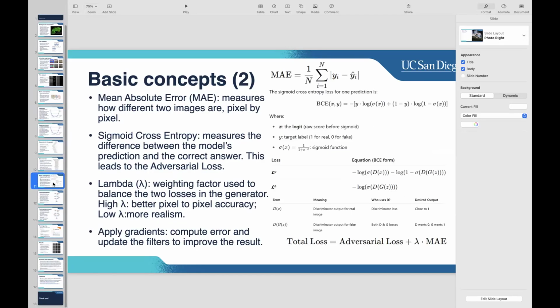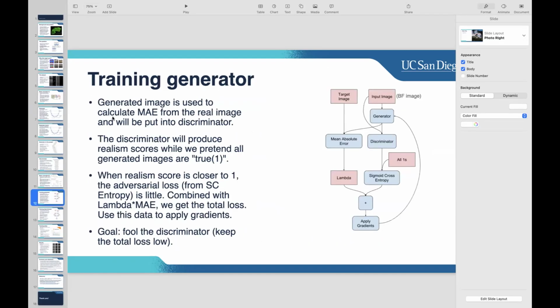You can understand. And so how do we train the generator? The generated image is used to calculate the MAE against the real image and is also put into the discriminator. The discriminator will produce realism scores while we pretend all generated images are real. When the realism score is closer to 1, the adversarial loss from the sigmoid cross entropy is small.